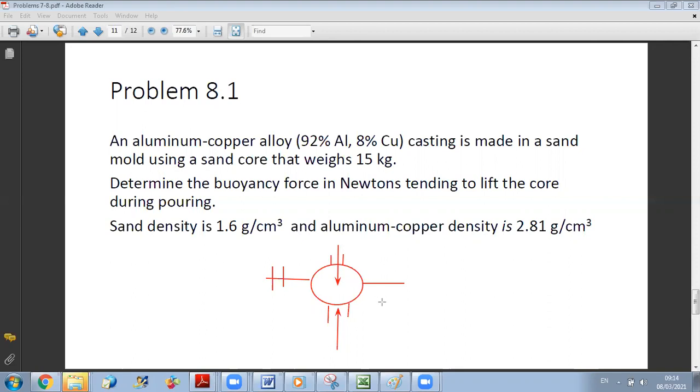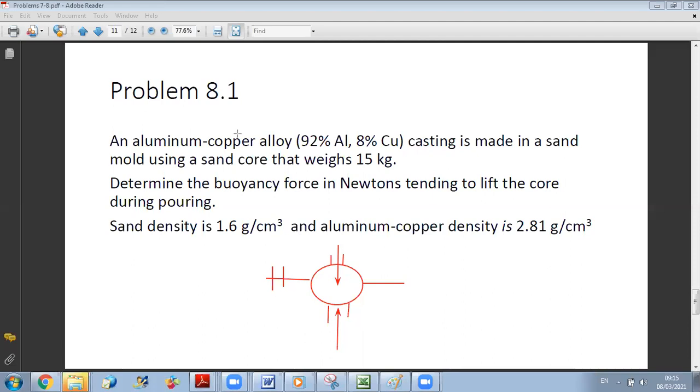And after pouring, the buoyancy will be higher than the weight, so you should have chaplets at the highest level to oppose buoyancy. This is why we'll see in several cases that we put chaplets at the upper and lower level: before pouring to oppose weight and after pouring to oppose buoyancy.